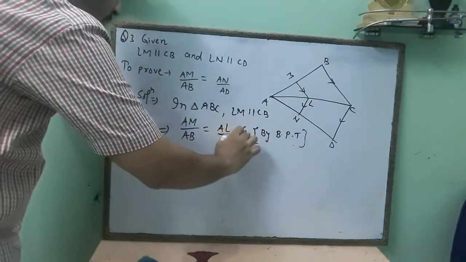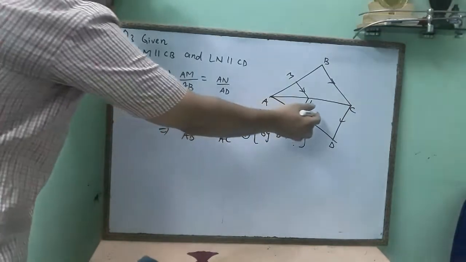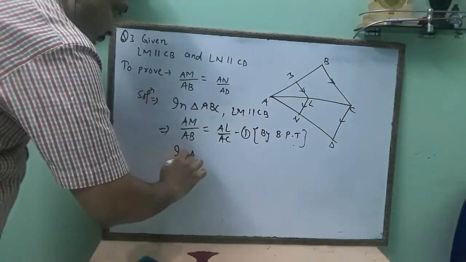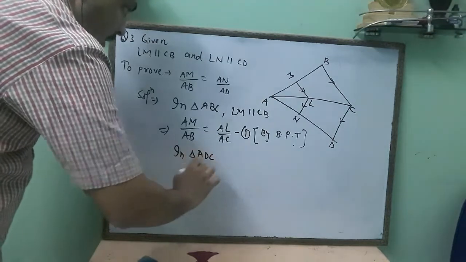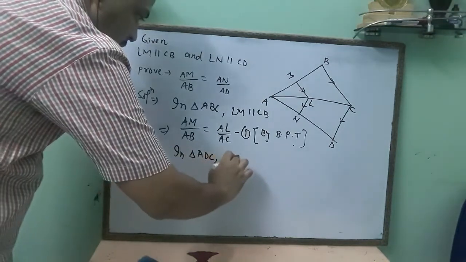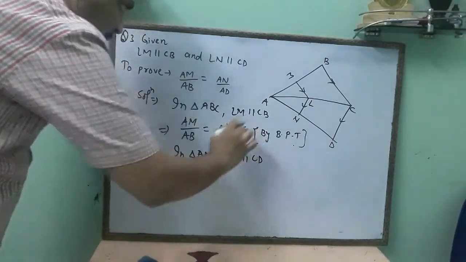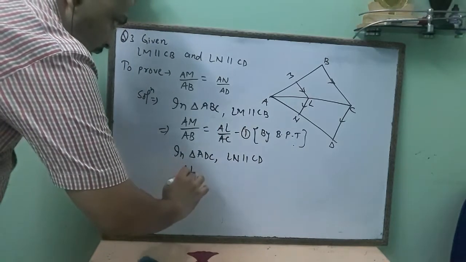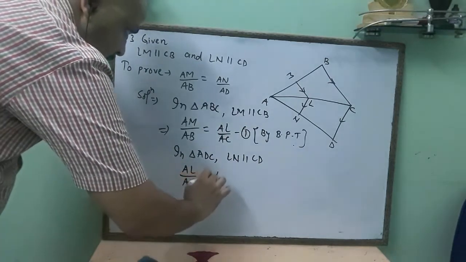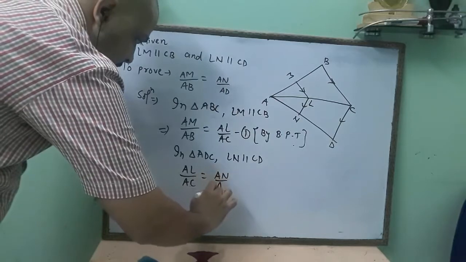So put this equation as 1. Now go for this triangle. In triangle ADC, similarly, LN is parallel to CD. Now we can write AL divided by AC is equal to AN divided by AD.